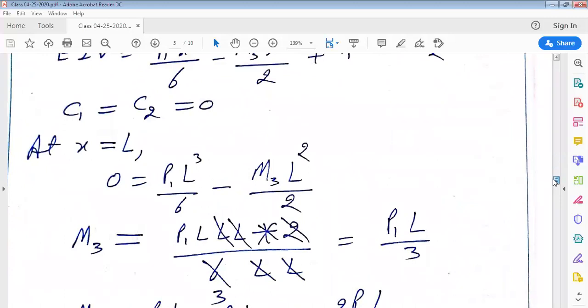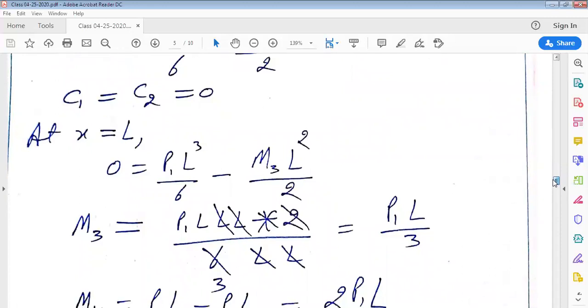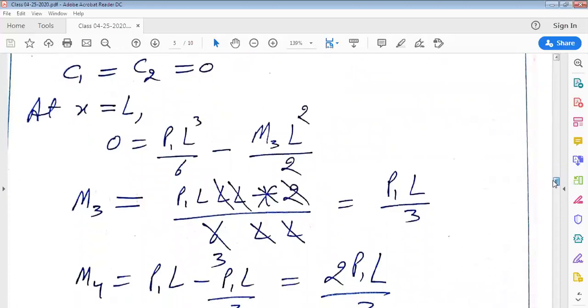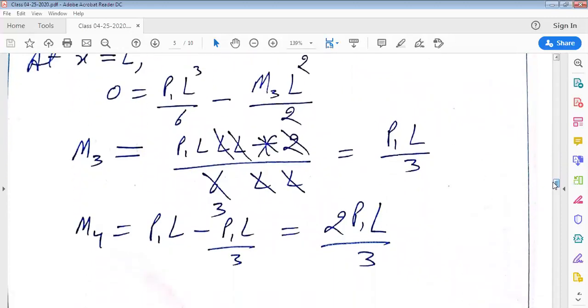And we get capital M3 equal to P1 L by 3, and M4 equal to P1L minus P1L by 3, that means 2P1L by 3. Right? So we have expressions of capital M3 and capital M4 in terms of P1.